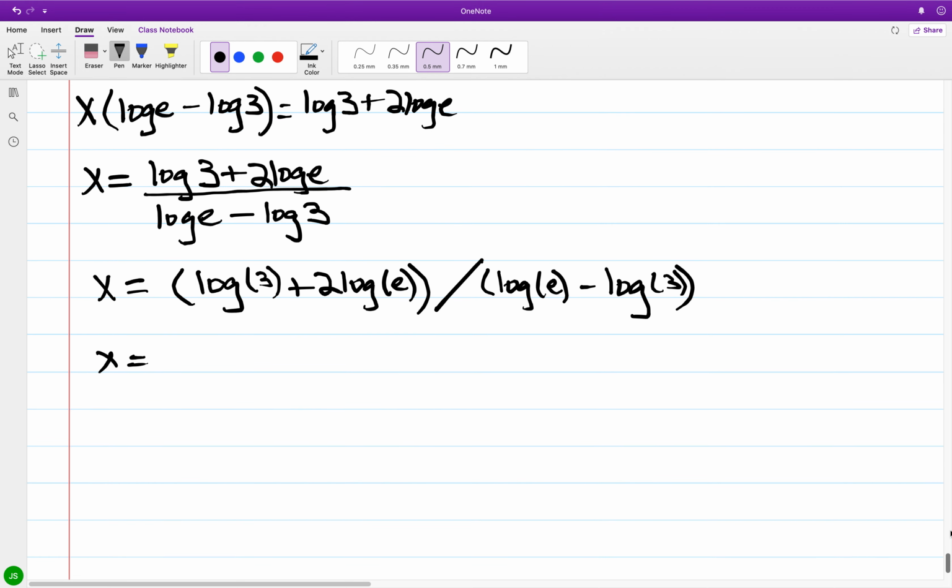Taking what we have to the nearest 3 decimal places, this will come out to about negative 31.422.